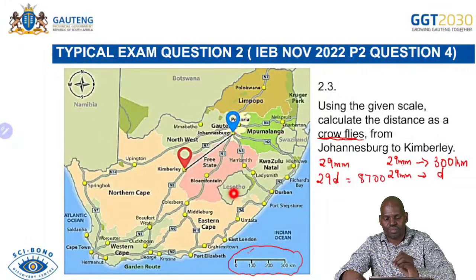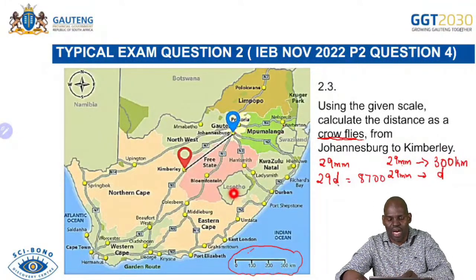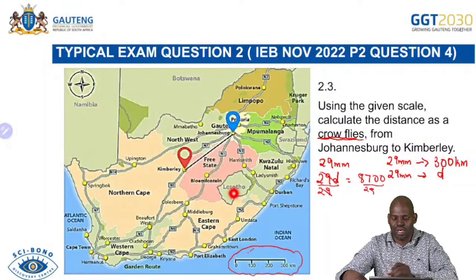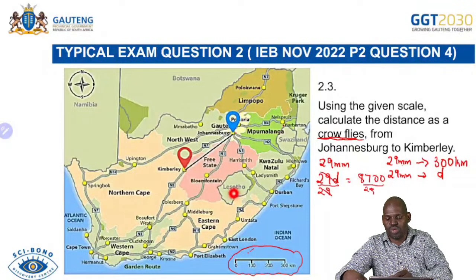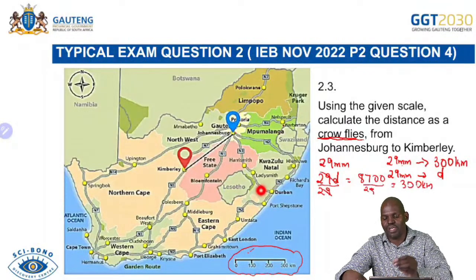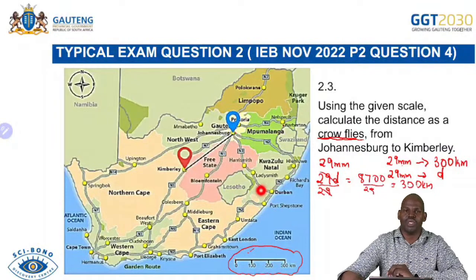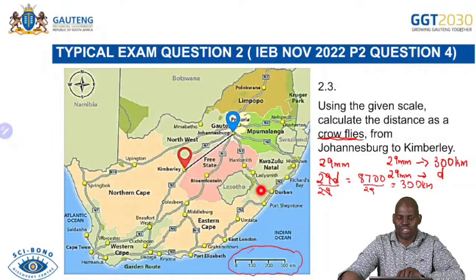Then to find the value of d, I divide by 29 on both sides. 8,700 divided by 29 still gives me 300. So indeed the distance is about 300 kilometers. So the distance between Johannesburg and Kimberley is 300 kilometers as the crow flies.